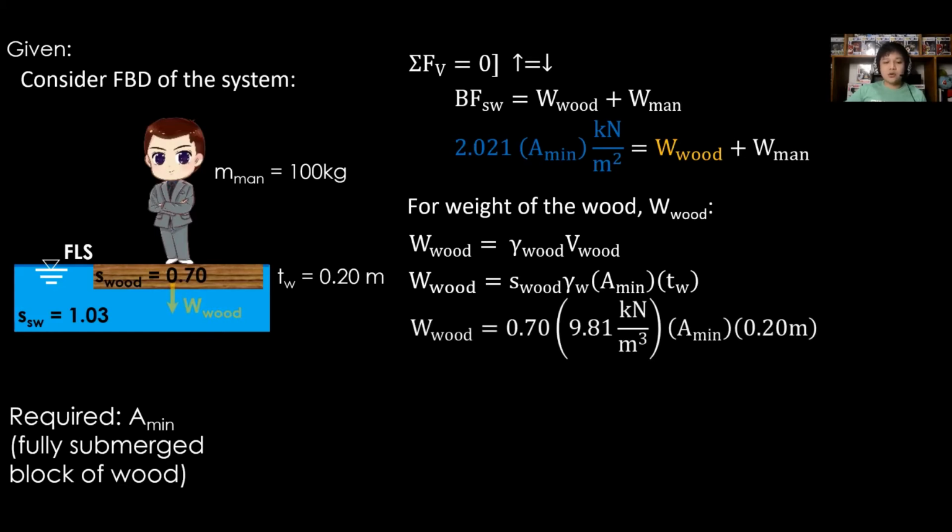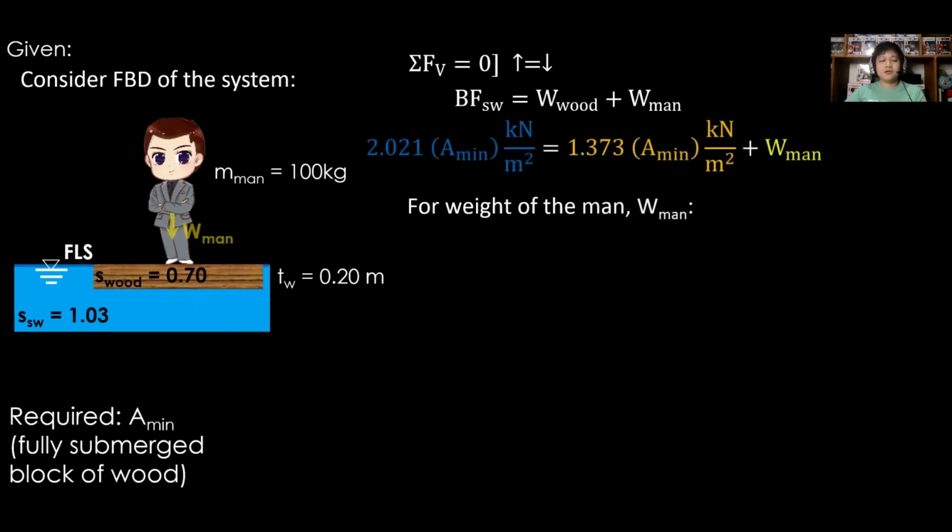Substitute S of wood as 0.7, gamma of water as 9.81 kilonewtons per cubic meter, and thickness of the wood as 0.2 meter. The updated value is 1.373 times A minimum in kilonewtons per square meter.